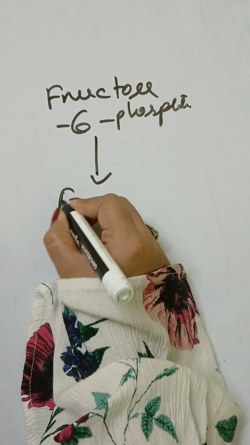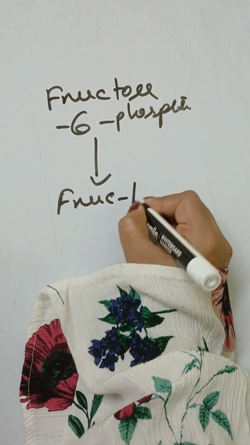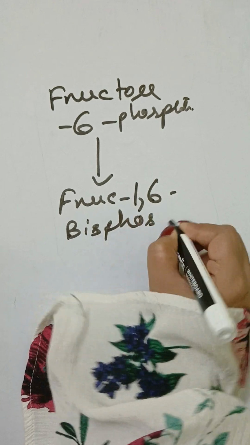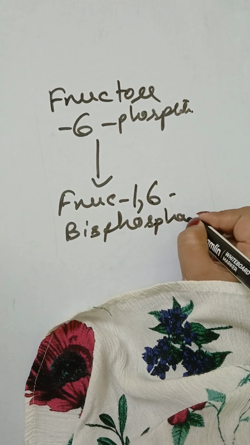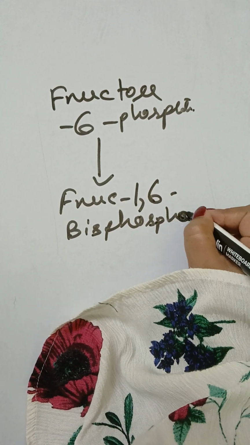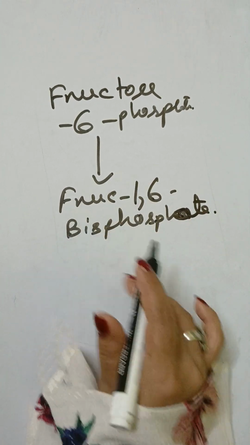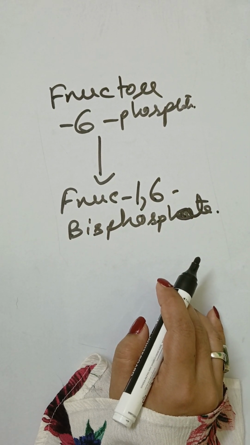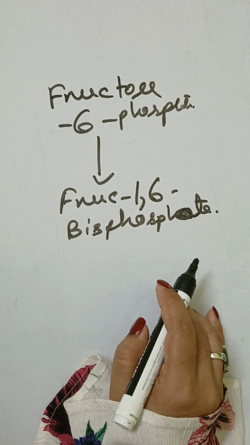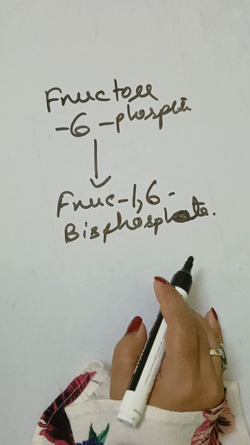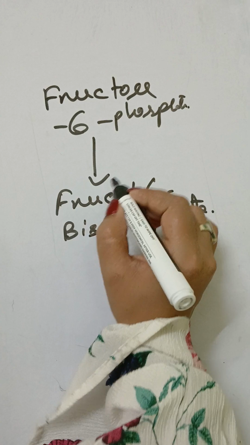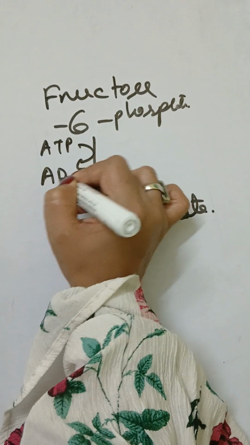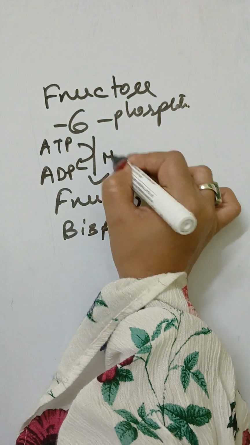It will give rise to fructose 1,6-bisphosphate. 1,6 means there is a phosphorylation at fructose's first and 6th carbon. That is why it's fructose 1,6-bisphosphate. Bis means 2. Here also it needs the ATP hydrolysis energy, with Mg2+ as the cofactor.